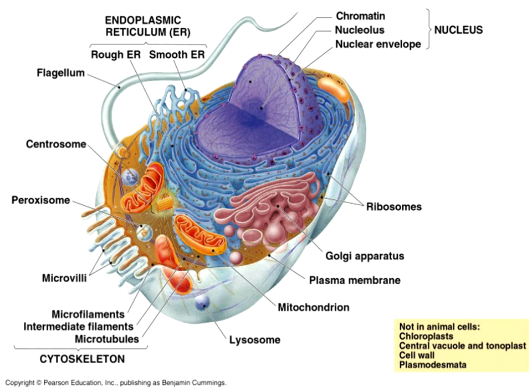For instance, a muscle cell is going to have a lot more mitochondria than a cell in your skin, because your muscles have to exert and use more energy, so those cells need multiple mitochondria.